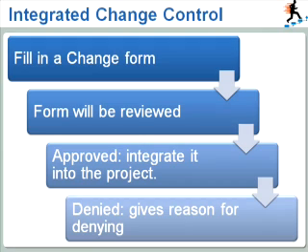You can get these change requests from internal resources like your stakeholder or from external resources, such as government agencies or new laws. That is why some change requests are mandatory, but nevertheless, they have to go through the integrated change control system that you see here, where their effects on the rest of the project will also be evaluated.